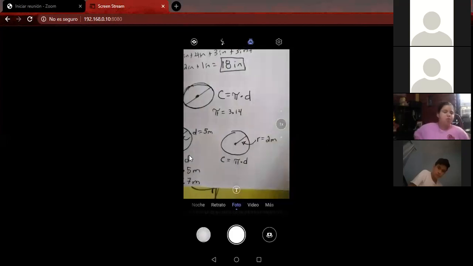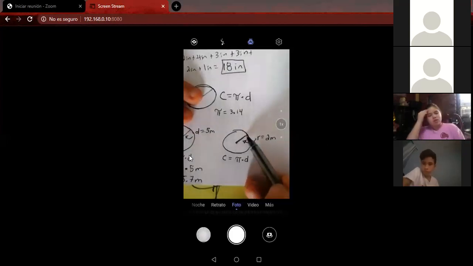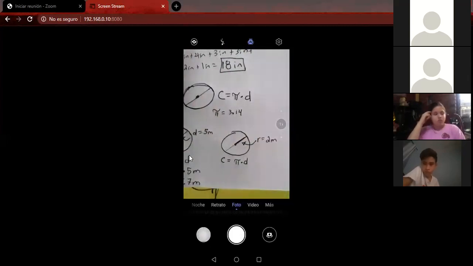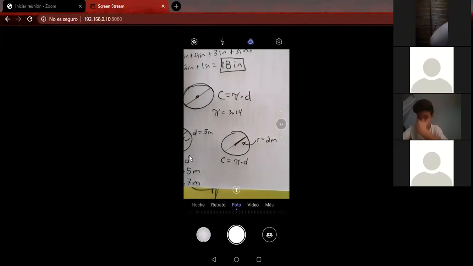Multiplying the number by 2. Is this line I have here the same if I draw it over here? Yes. Remember, I already explained this. A radius is half of a diameter, exactly half. So, if I have the radius, how much is going to be my diameter?